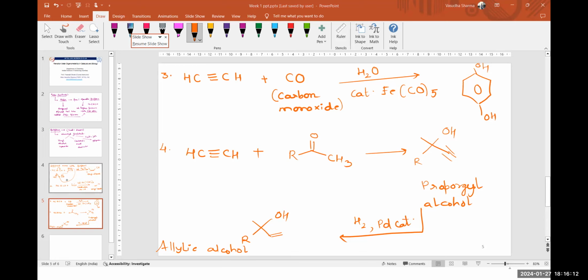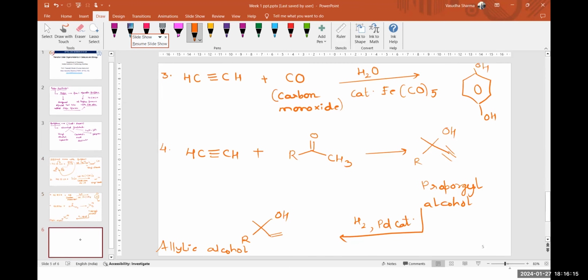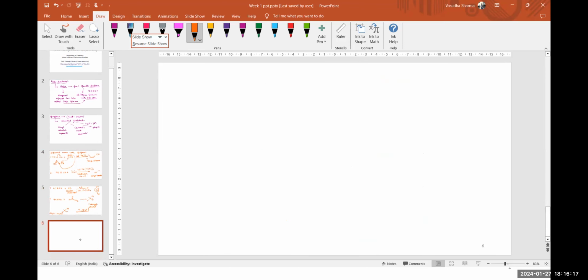The previous ones we saw were the vinylation reactions, and continuing with that, the fifth reaction is when acetylene reacts with HCHO, which is formaldehyde, and an amine in presence of copper carbide.